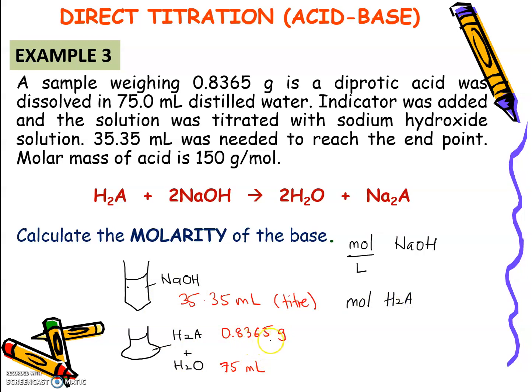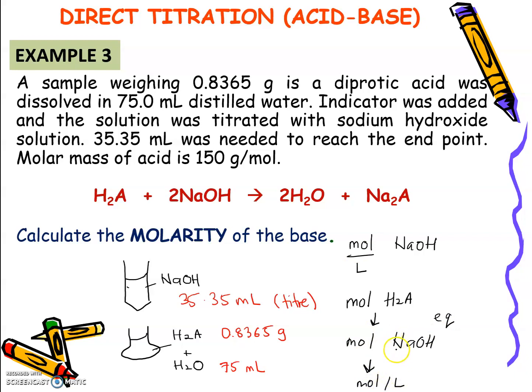And then you can find mole of sodium hydroxide by comparing the equation here. 1 mole of diprotic acid equals 2 mole of sodium hydroxide. Then you can find the molarity of base.